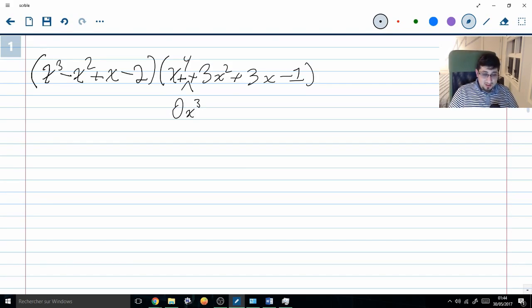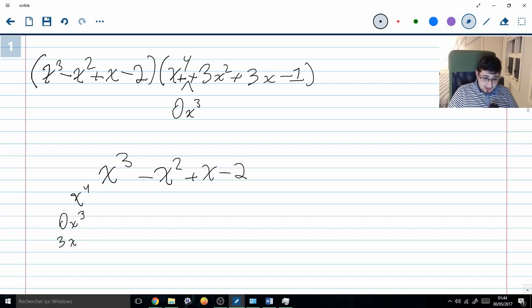And you'll see this right away in this new grid that we're going to make, which is x cubed minus x squared plus x minus 2 and x to the fourth, 0x cubed, 3x squared, 3x and minus 1.